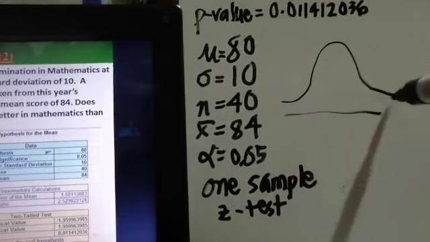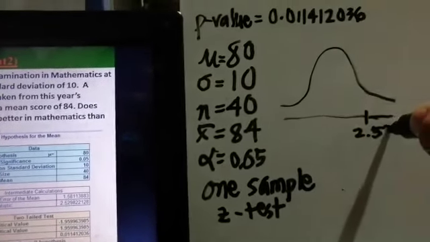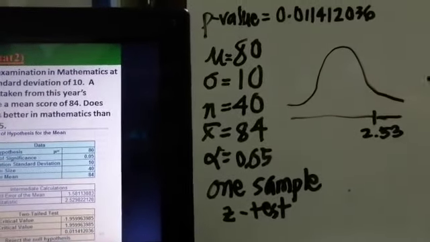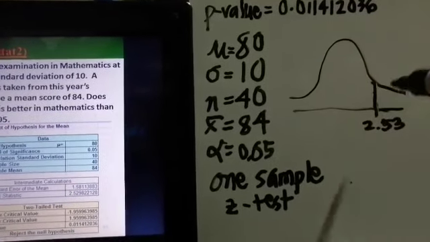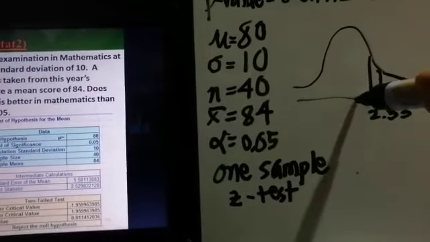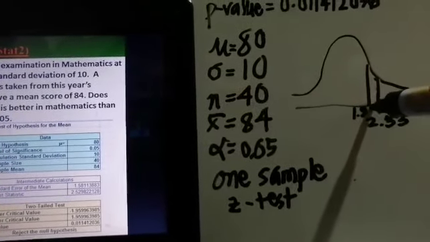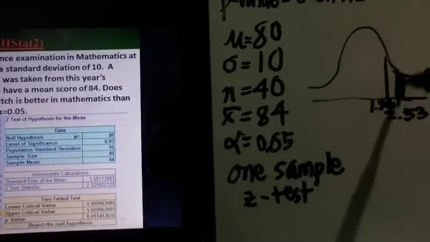That is 2.53. So, this is within the rejection region whose critical value is 1.96.